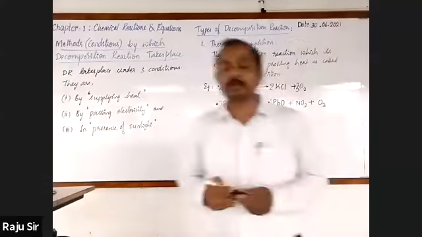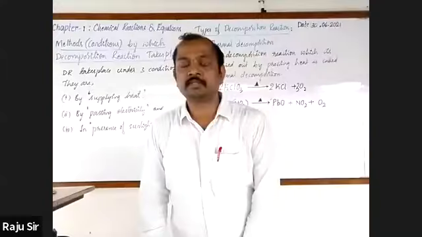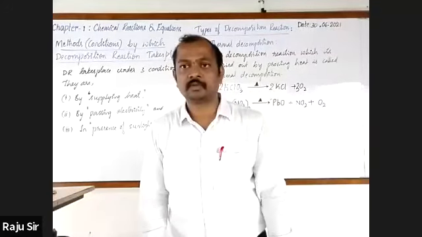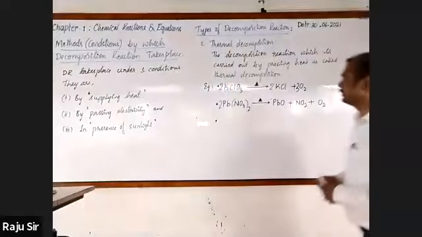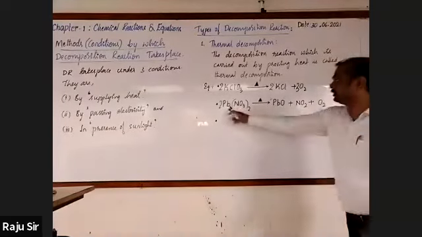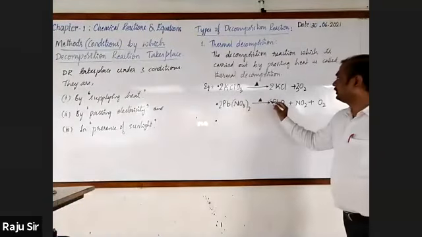2 Pb(NO3)2 gives 2 PbO plus 4 NO2 plus O2.